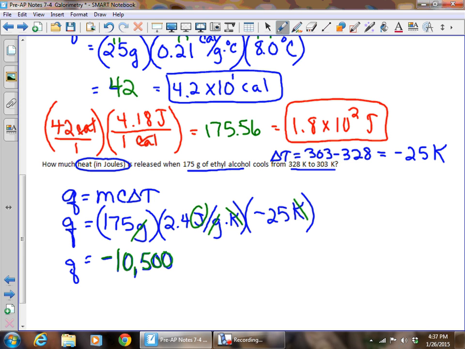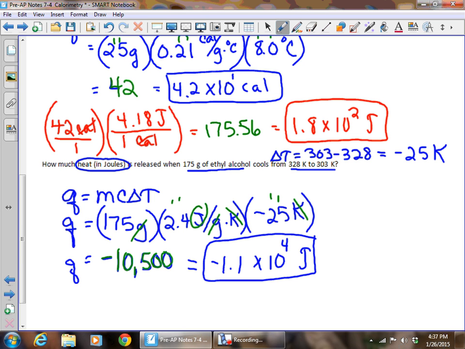And we want that to be in scientific notation, sig figs. So it looks like our smallest number of sig figs is going to be 2. So this comes out to be negative 1.1 times 10 to the 4th joules. That means we've given off that much heat energy, which was indicated when it said that we cooled it.